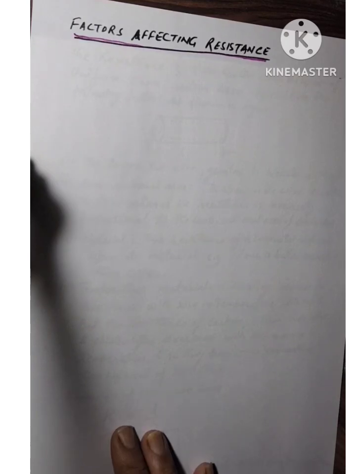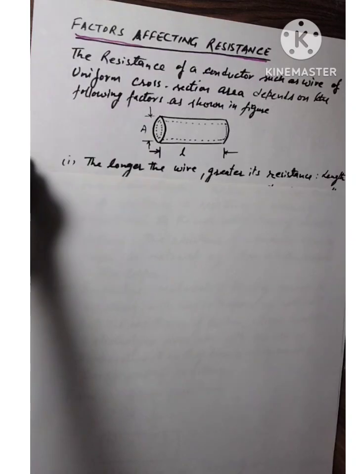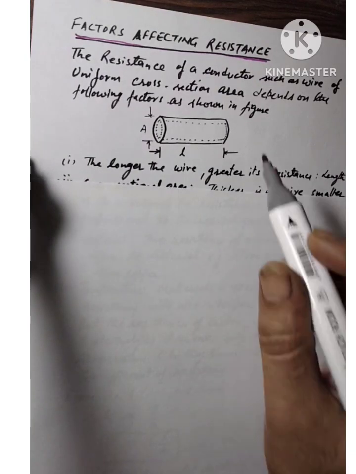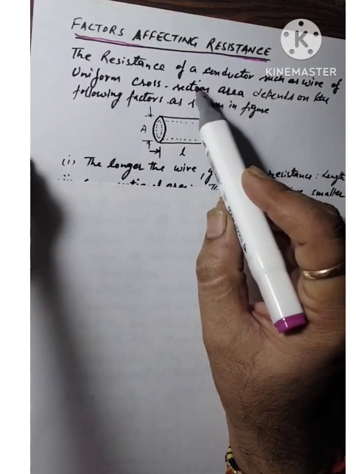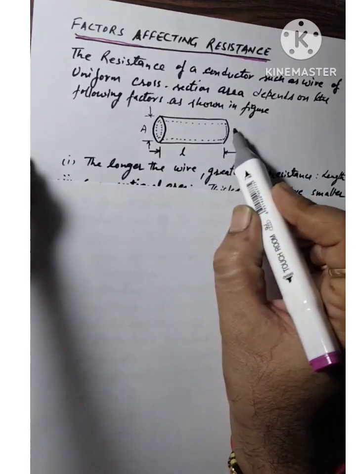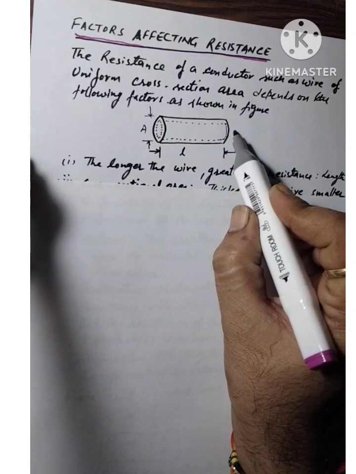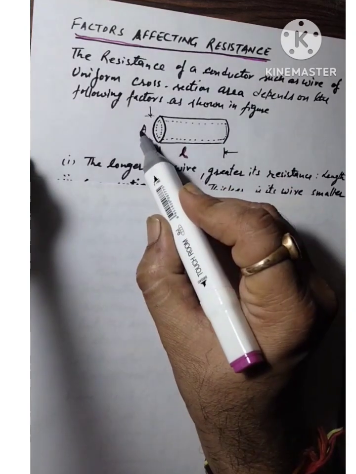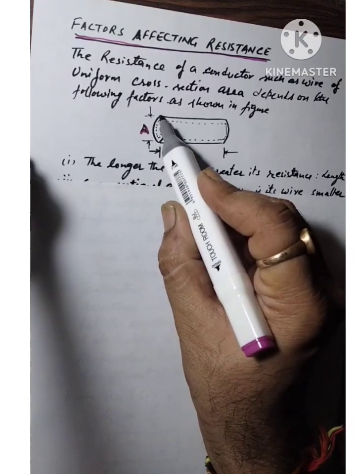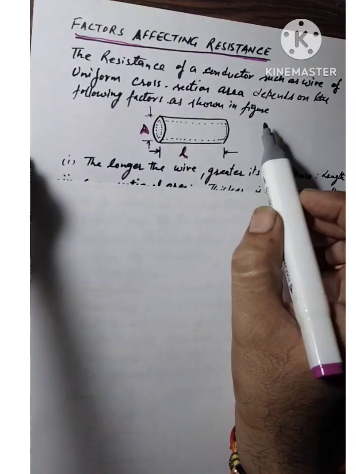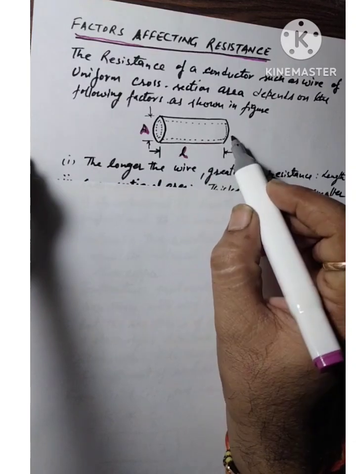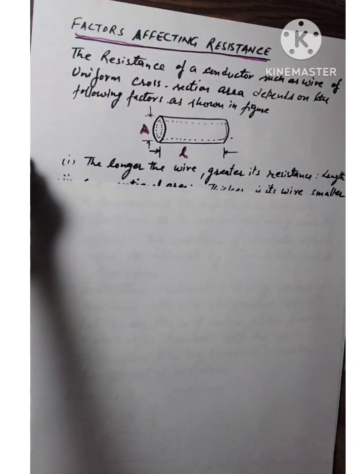So as shown in the figure, the resistance of a conductor, suppose it is a resistance of wire having length L, area of cross section A, depends on the following factors.